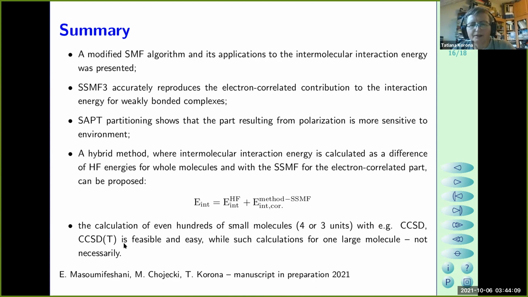And such calculations made for just one large molecule are very difficult, although now we know from our previous speakers, maybe not impossible, but quite involved computationally.